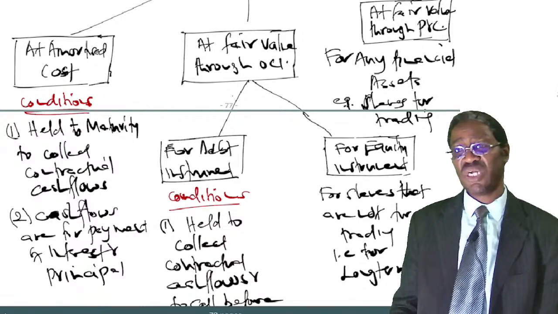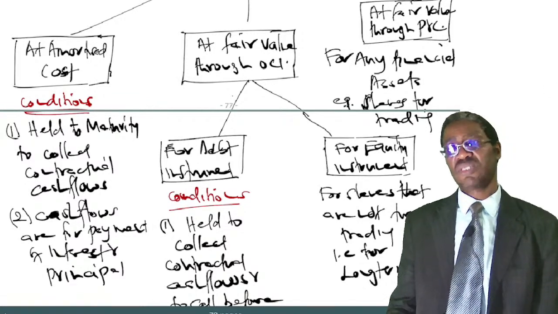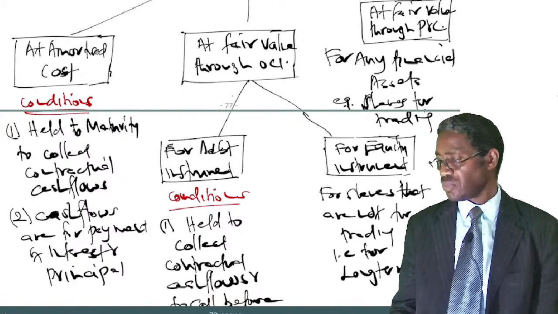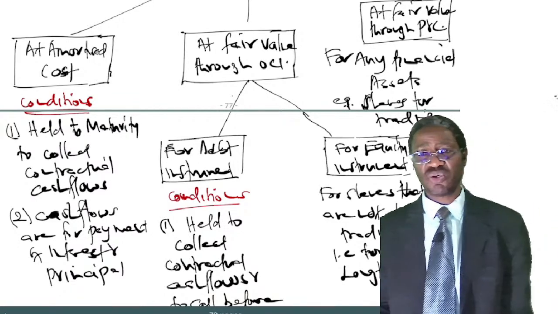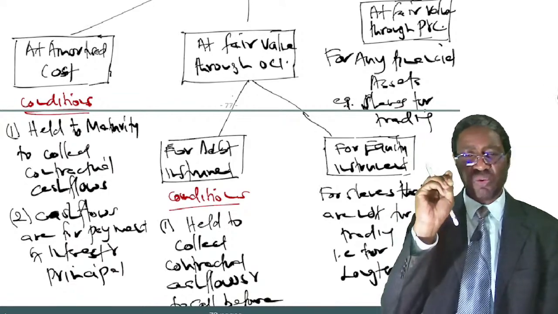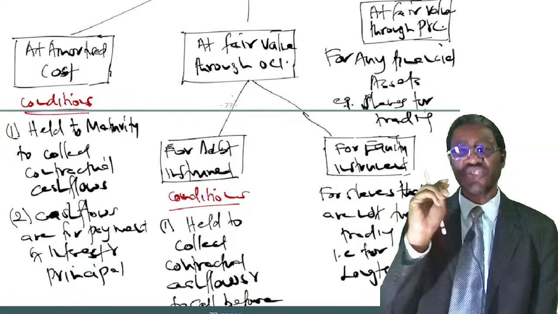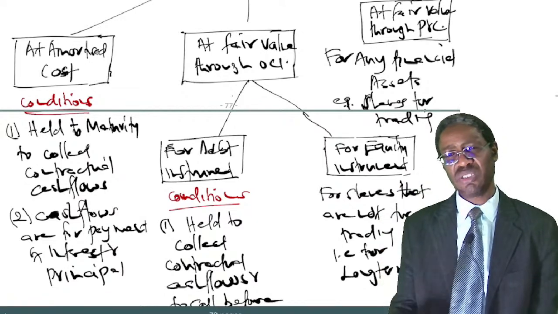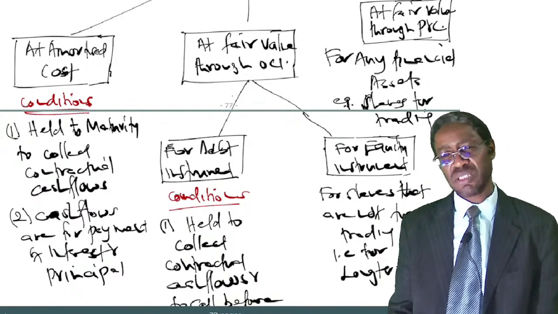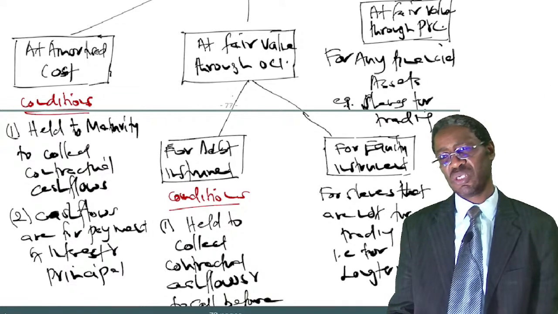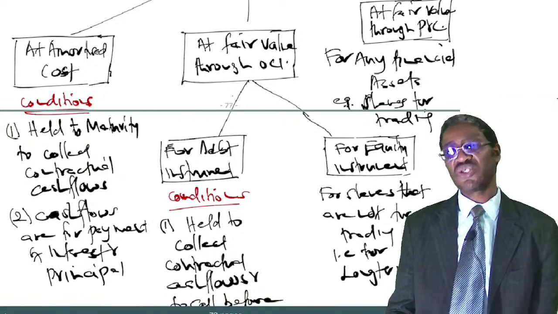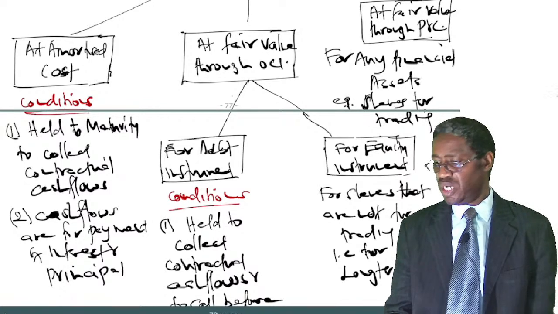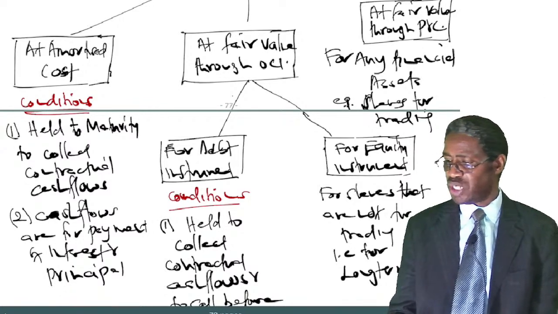Number one, the first condition was held to maturity to collect contractual cash flows.